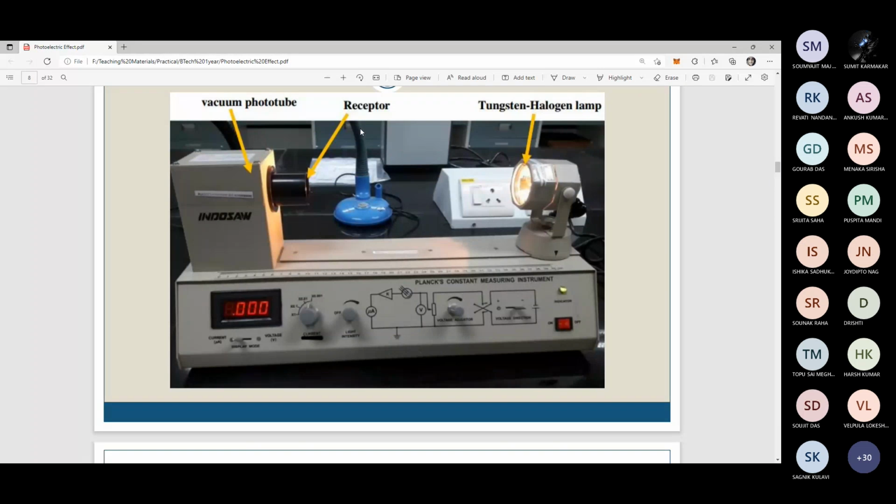Inside this, the reactor and vacuum tube are both present, and between the two electrodes, electrons will be ejected and collected, right? And this is the light source or photon that will hit the electrode.